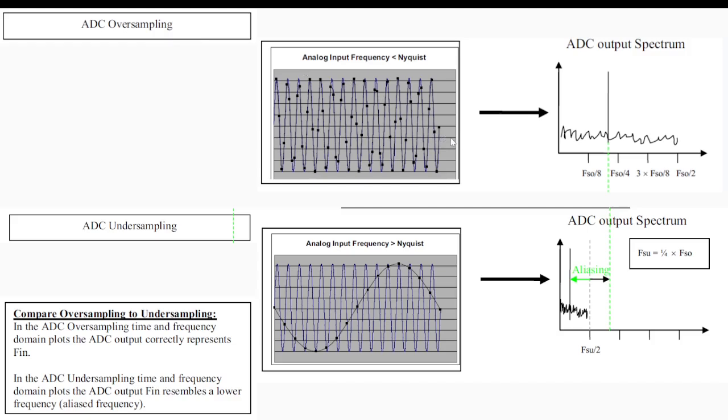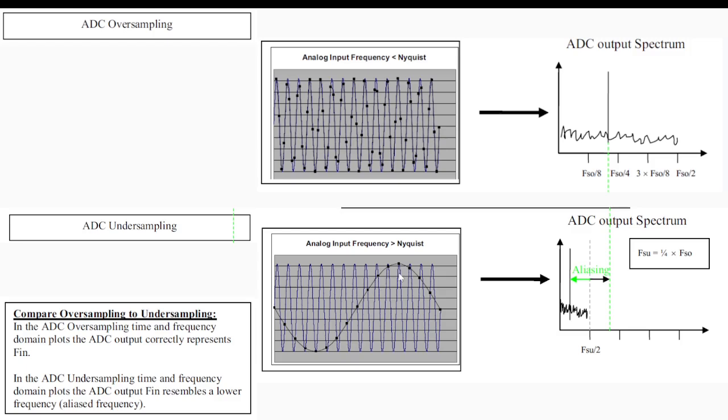So what are the advantages? In simple terms, the advantage of oversampling, which is basically one of the features of delta sigma or sigma delta types of ADCs, is that you get less quantization error and you have a clearer signal in your digital domain.